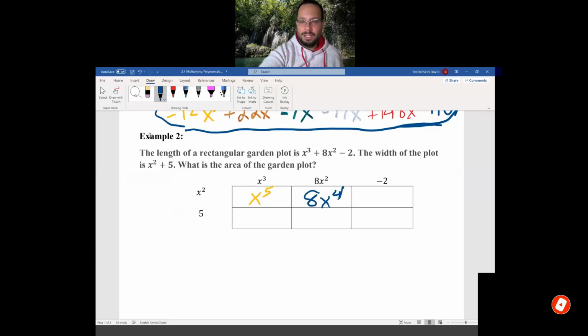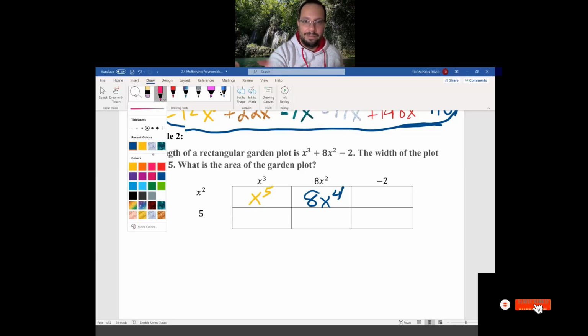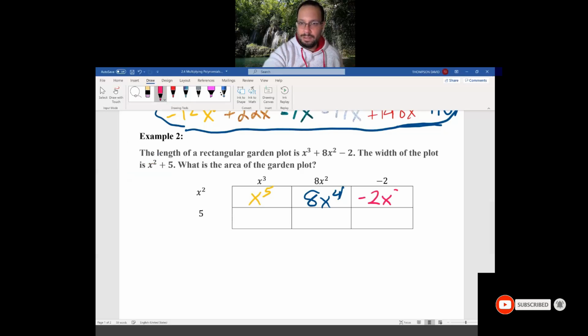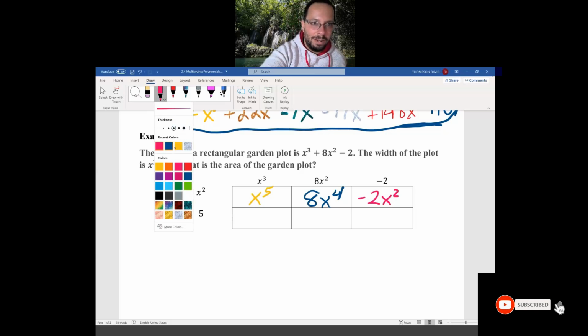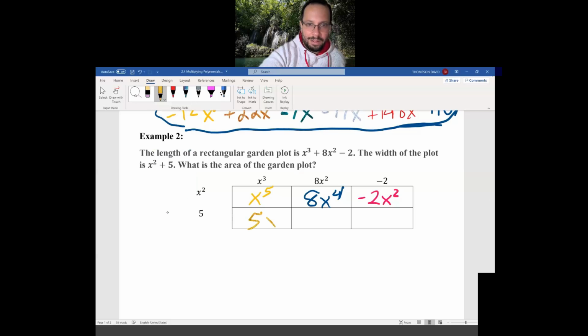X squared times negative 2, change colors again for the new term, negative 2x squared. So far no matches. 5 times x cubed is going to give me 5x cubed. Still no matches. This is one where so far the diagonal doesn't have any like terms.